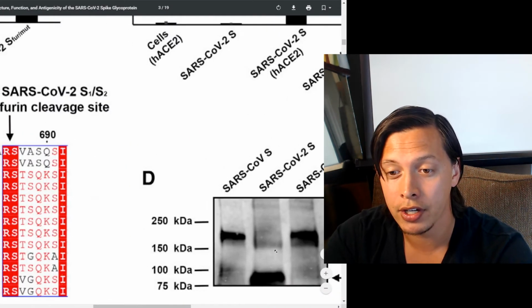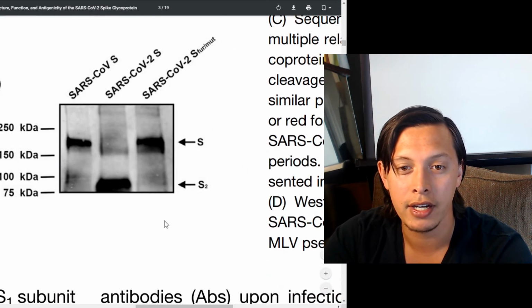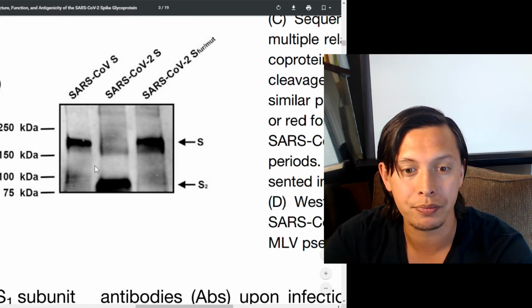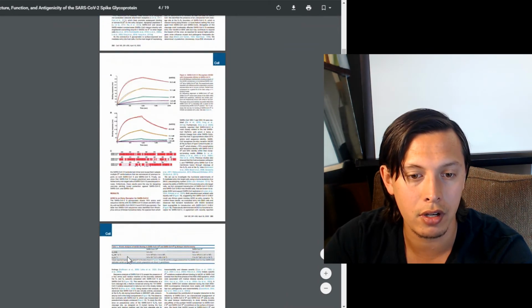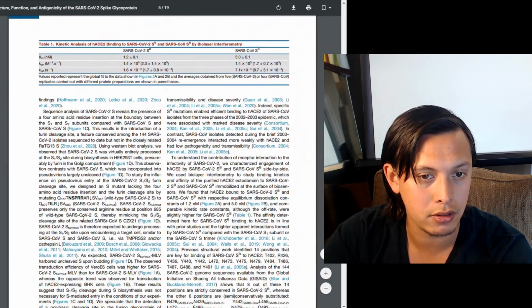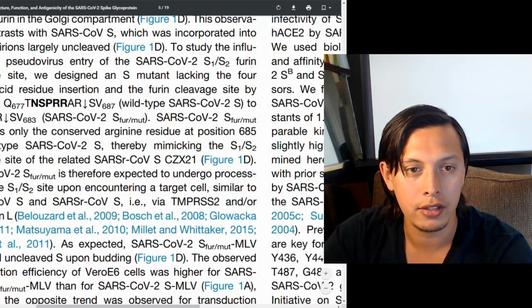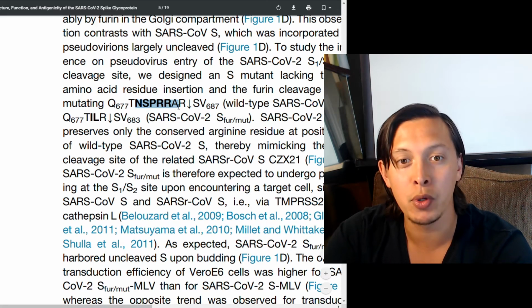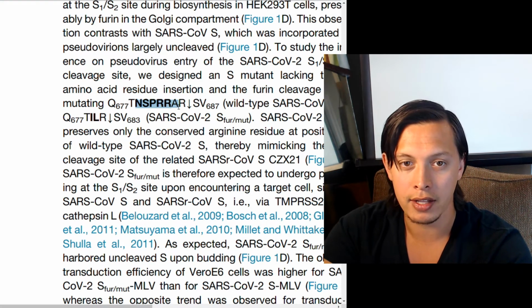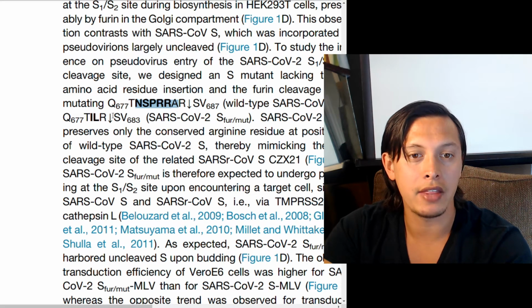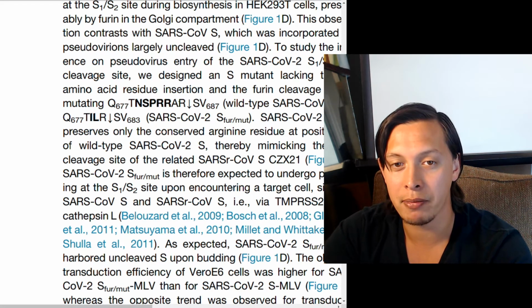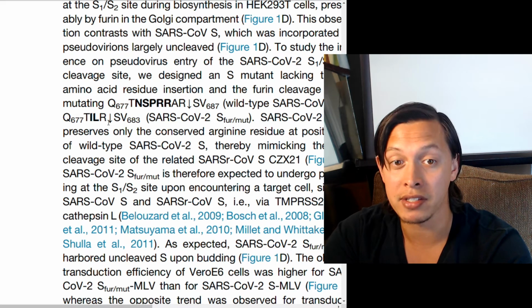They remove that site, and then the spike protein exists in its full large form. Going down, here you can see they remove these 1, 2, 3, 4, 5, 6 amino acids, the N through the A, and then they replace them with these 2 amino acids. And so now it's not a polybasic cleavage site, it's just a monobasic cleavage site.